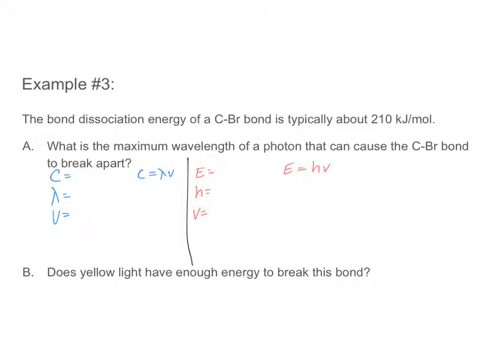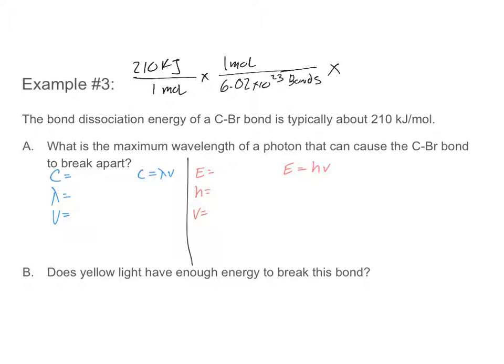which is joules. So 210 kilojoules in 1 mole will equal, 1 mole equals 6.02 times 10 to the 23rd bonds. And so that's how I'm going to get to my bonds.